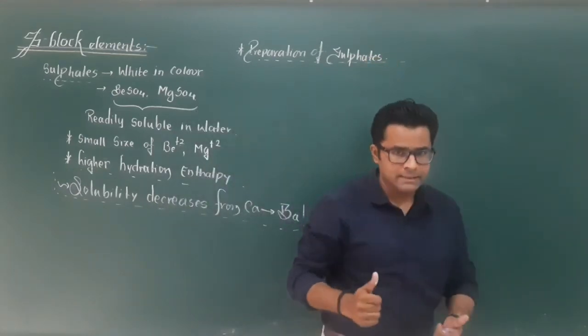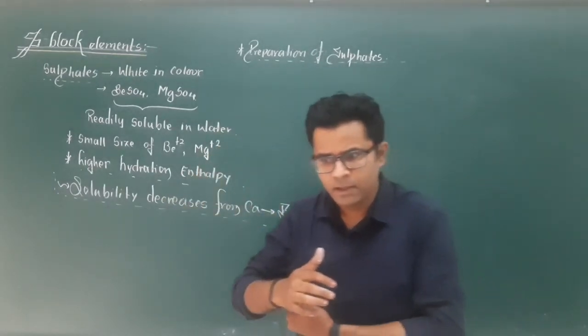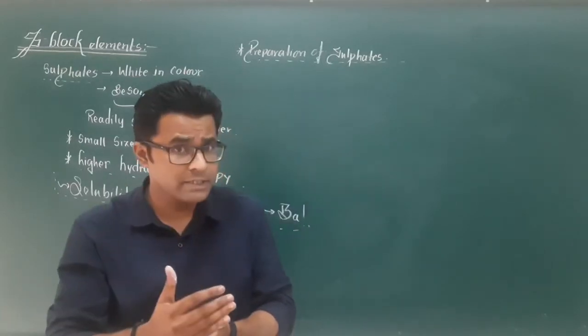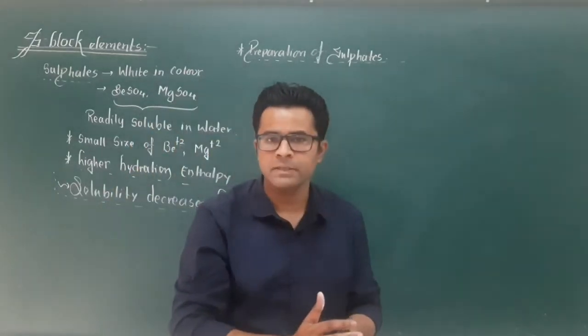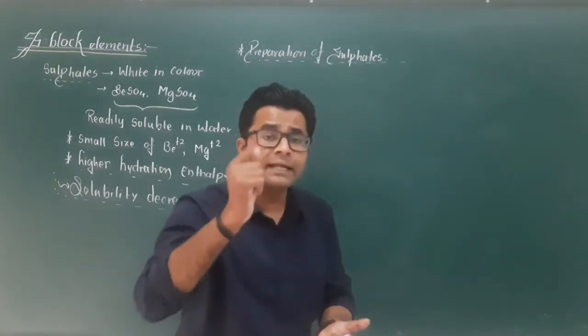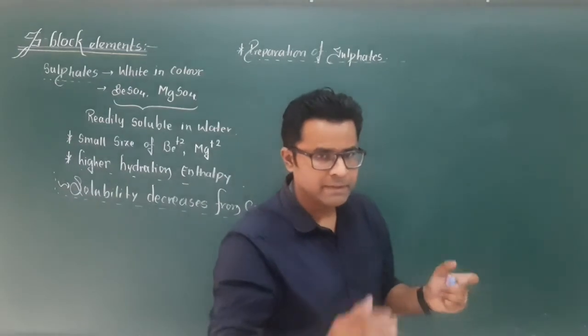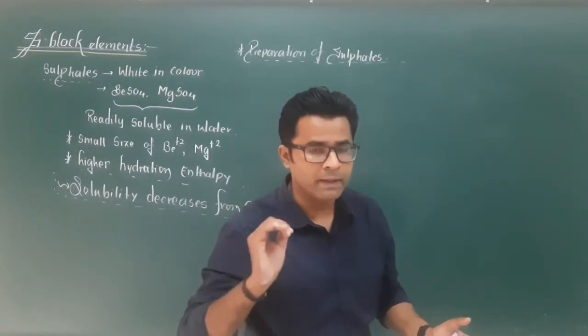When we take the metal of the alkaline earth metal series in its simple form, or metal oxides, or metal hydroxides, or metal carbonates, and react these with sulfuric acid, we end up having the metal sulfates. Let's observe the reactions one by one.